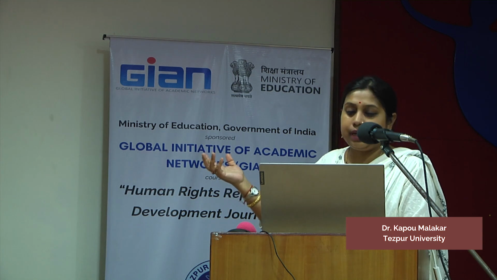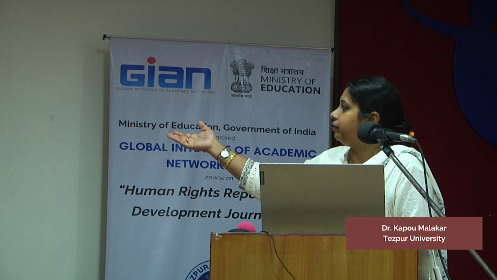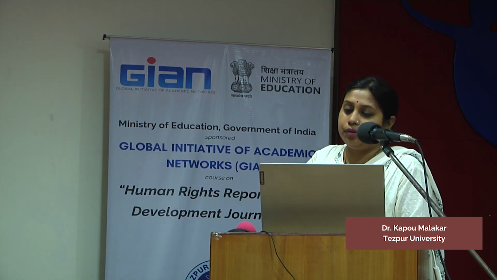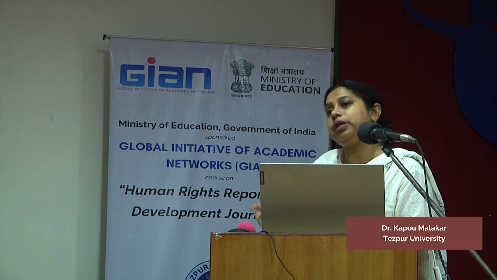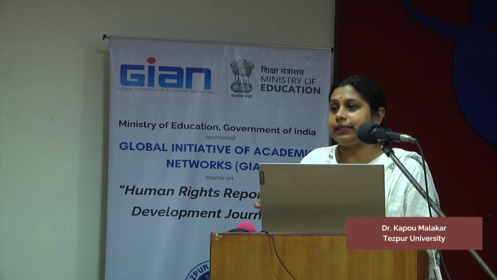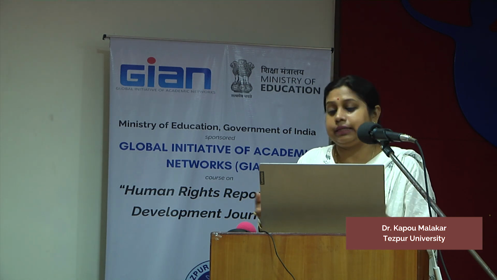And there are some specialized NGOs. We can get the reference from there. We have the International Political Science Association. It is actually a forum of political scientists, and this organization creates a forum for political scientists for discussion.